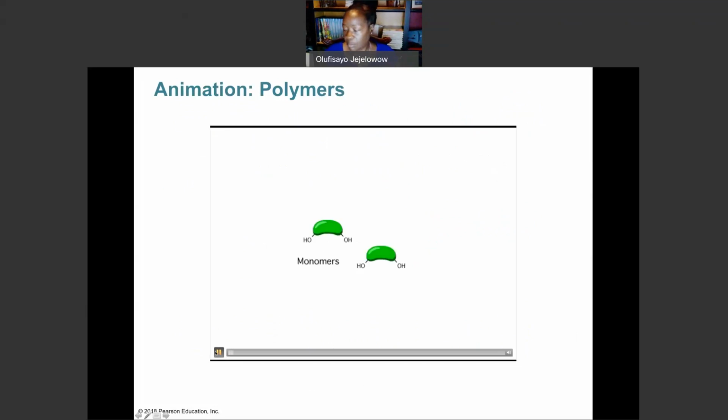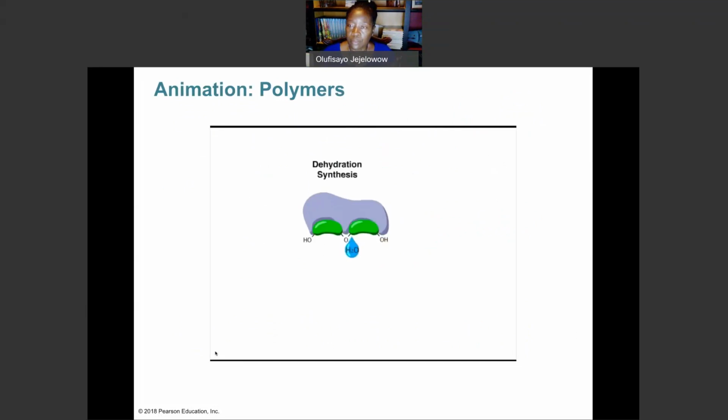Most biological molecules are very large and are built by assembling small molecules, or monomers, into long chains. The resulting molecules are called macromolecules, or polymers. A process of linking monomers, called dehydration synthesis, involves the removal of 2 hydrogen atoms and 1 oxygen atom to form water.